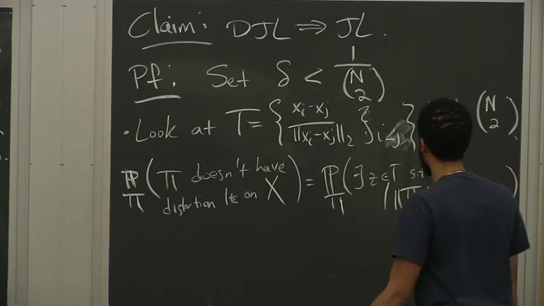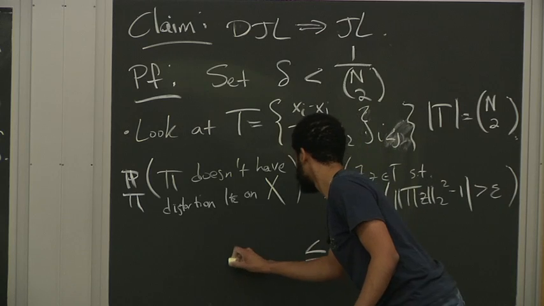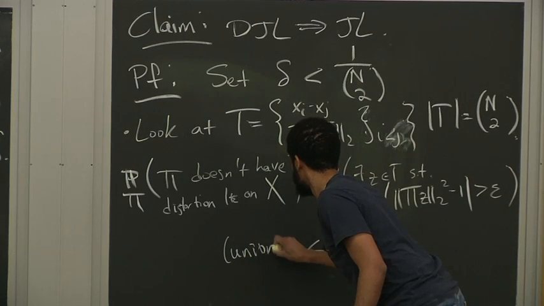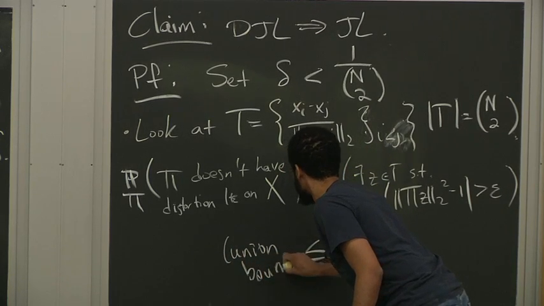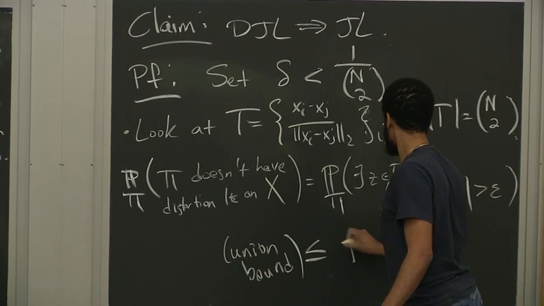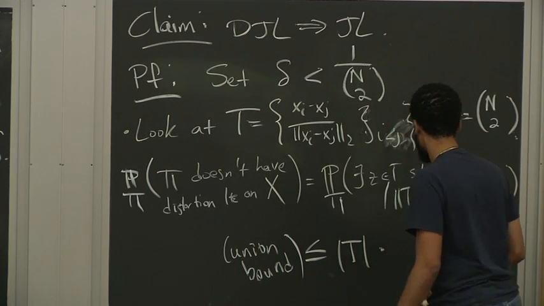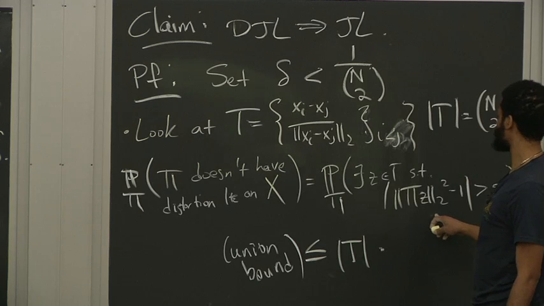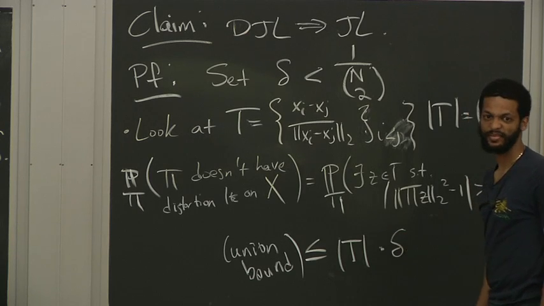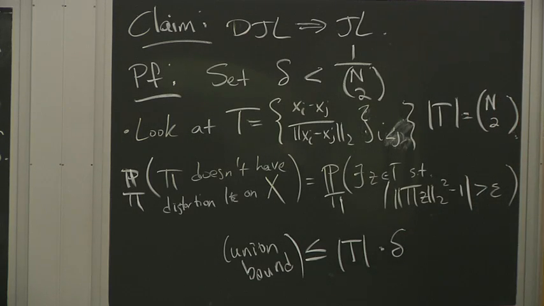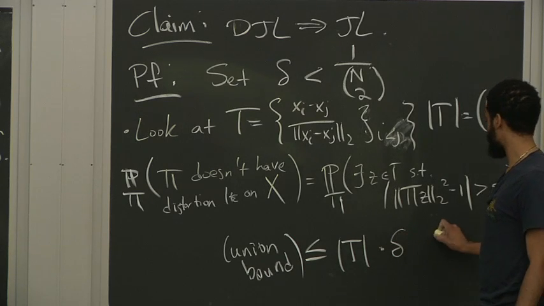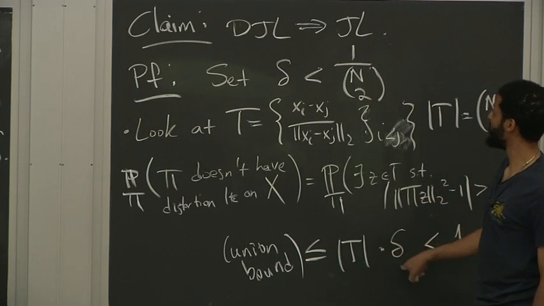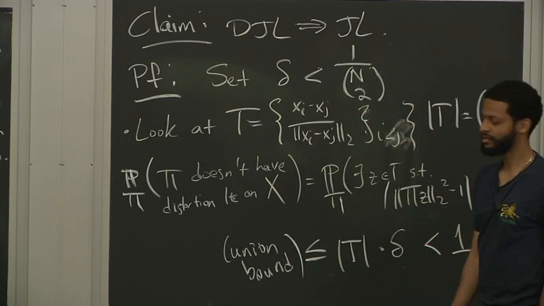But by a union bound, this is at most the size of T times the probability for a single one of them, which is delta. Right? And that's strictly less than 1, because delta is less than 1 over n choose 2.